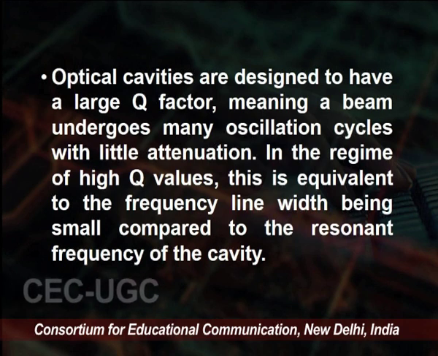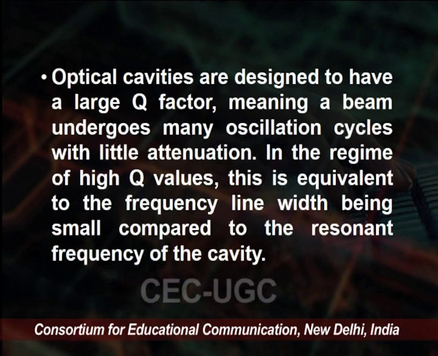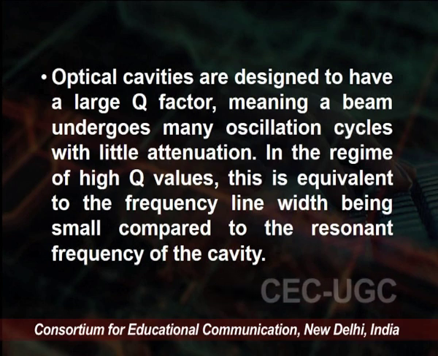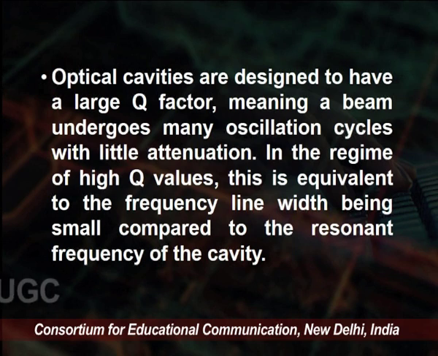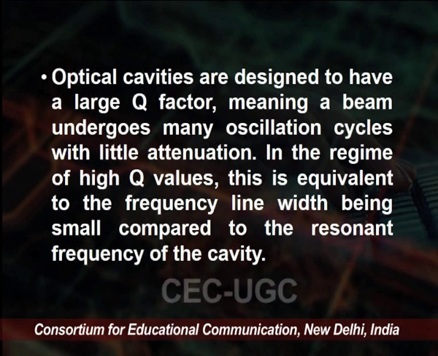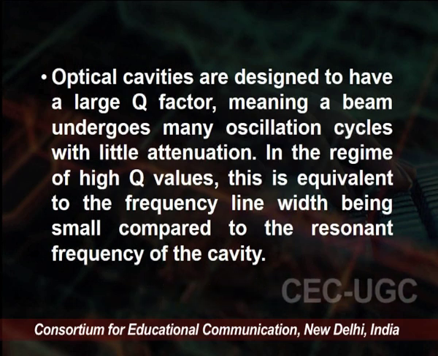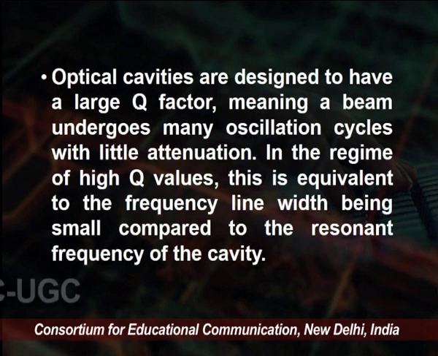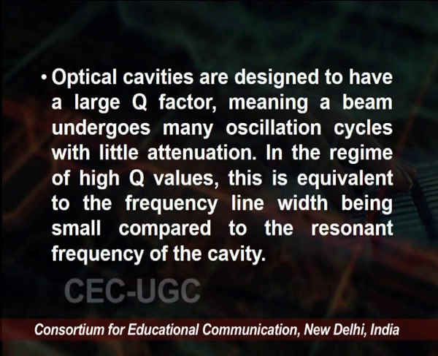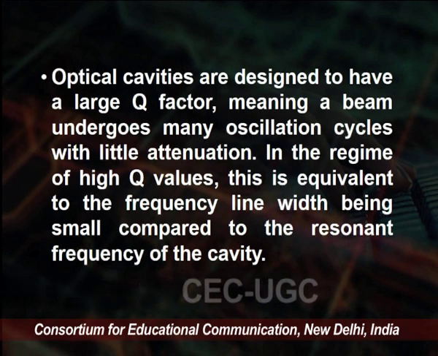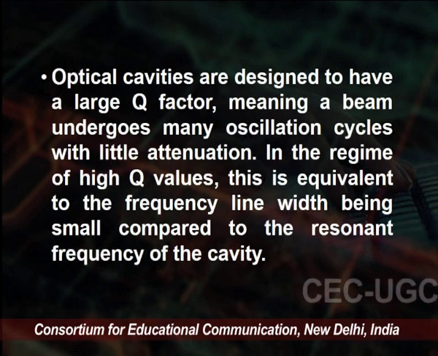Optical cavities are designed to have a large Q factor. What is this Q factor? It means the cavity undergoes many oscillation cycles with little attenuation. In this regime we are using a high Q value, which is equivalent to the frequency linewidth being small compared to the resonant frequency of the cavity.